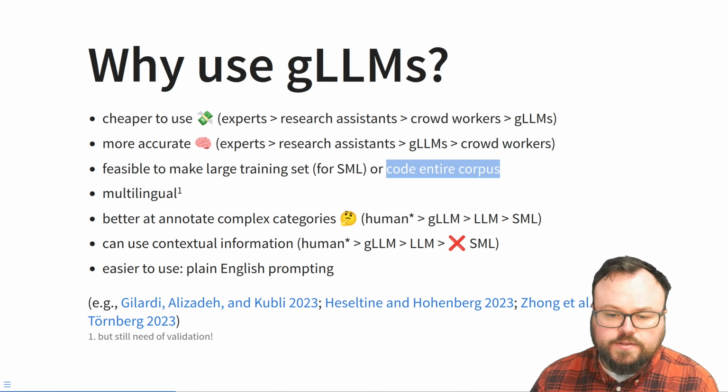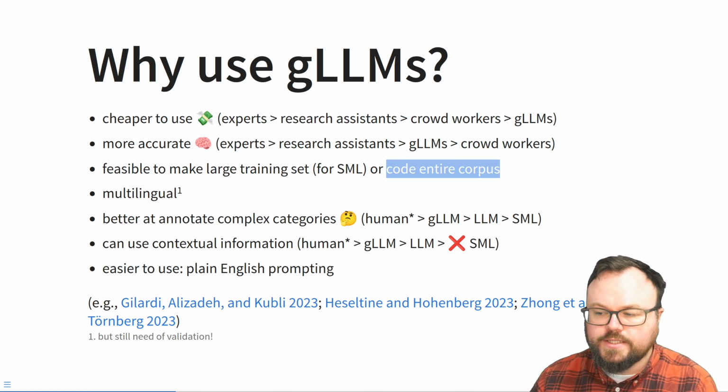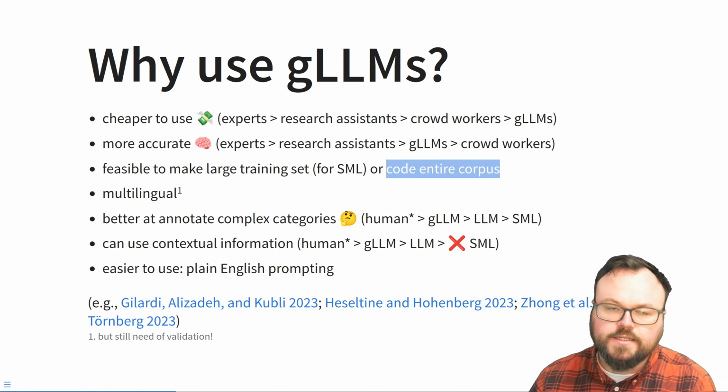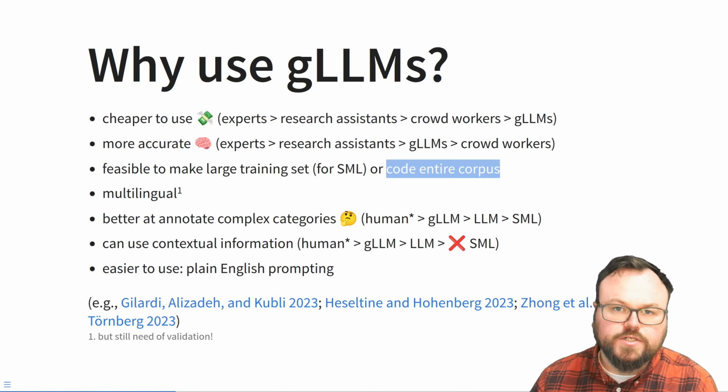These models are also pretty good at annotating complex categories, and here we can see that it outpaces supervised machine learning, so the classical naive Bayes and logistic regression and that kind of stuff, but it also outpaces language models like BERT and all of the stuff that was hot a couple of years ago.